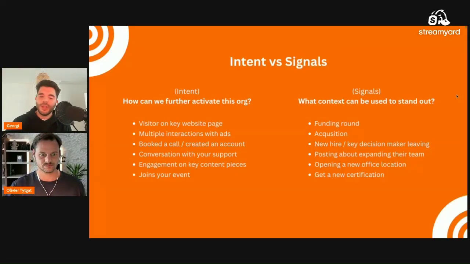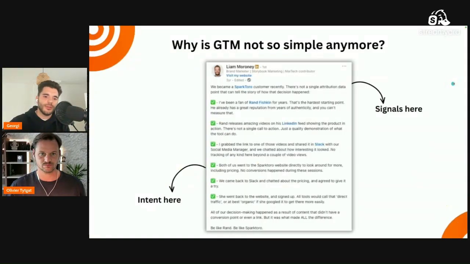Yeah, it's interesting because I do believe that intent and signals have fundamentally different places within the customer journey, right? And we can see this beautiful example from Liam Mulroney, who wanted to purchase SparkToro. I wouldn't go that much into the post itself, but the signals most of the time occur top of mind, right? So there are things that sometimes are very hard to measure, but they can be indicated one way or another.